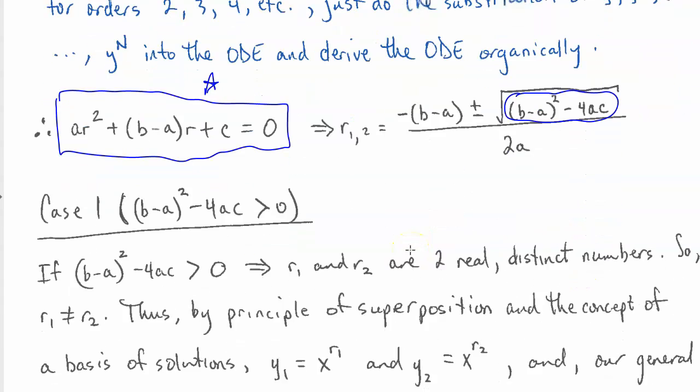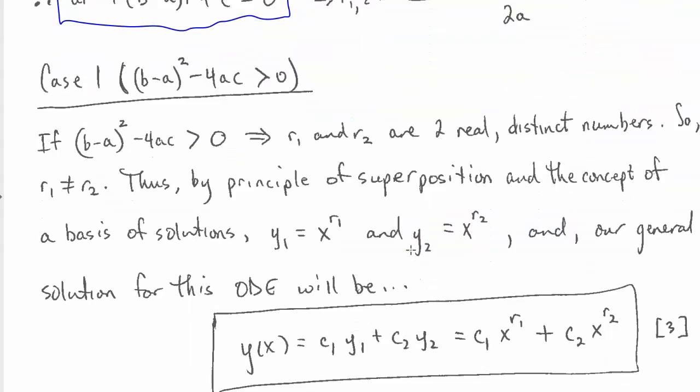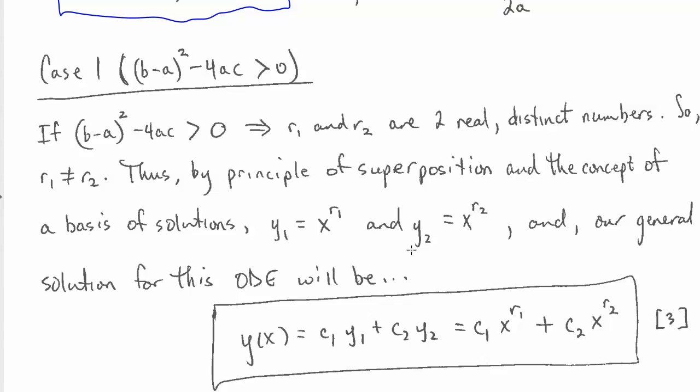Okay. Now, of course, the easiest case, just like it was for the second order linear homogeneous ones with constant coefficients, is if our discriminant is positive. Then we know we have two distinct real number values. That means we can just do a linear combination of these two functions, where r1 and r2 will be two distinct numbers.